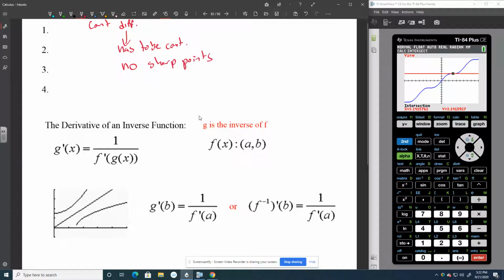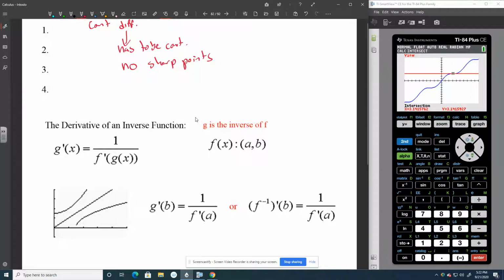We can in the graph, but to be differentiable at a point, it can't be a sharp point. The rest of the whole function can be differentiable, but to be differentiable at a point, it has to be continuous, and it can't have any sharp points at the point that we're trying to differentiate.